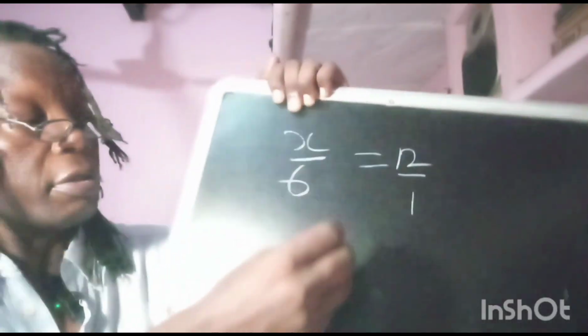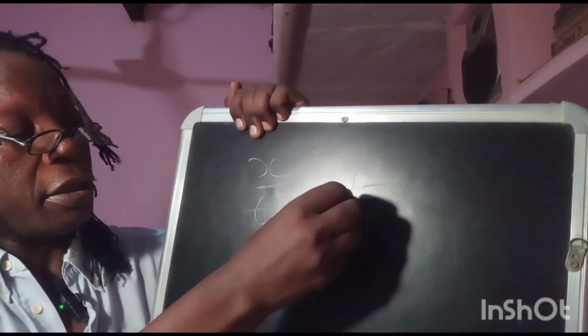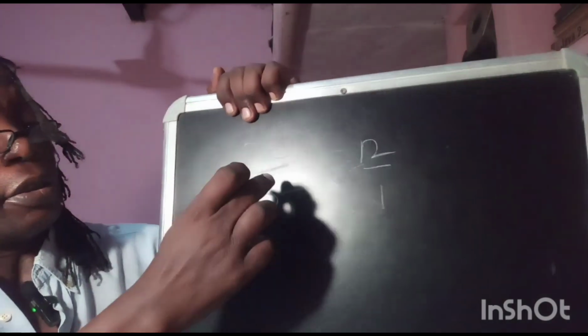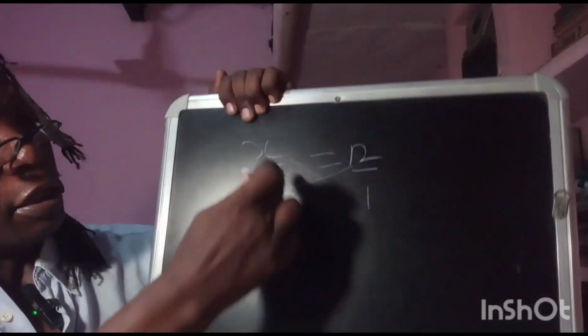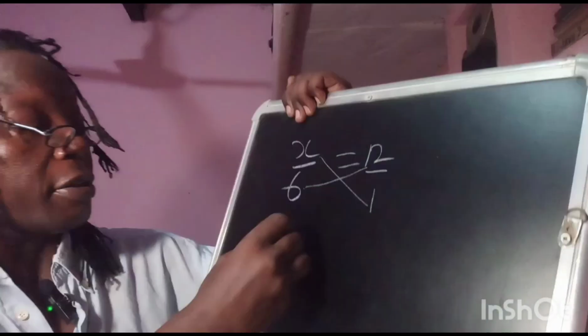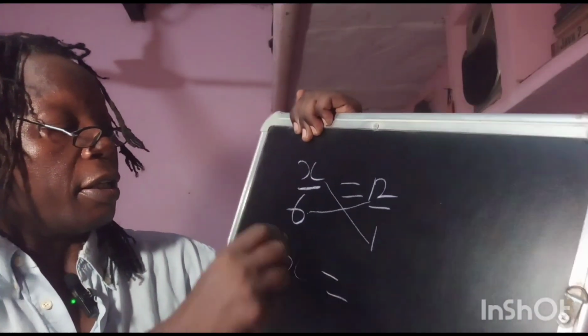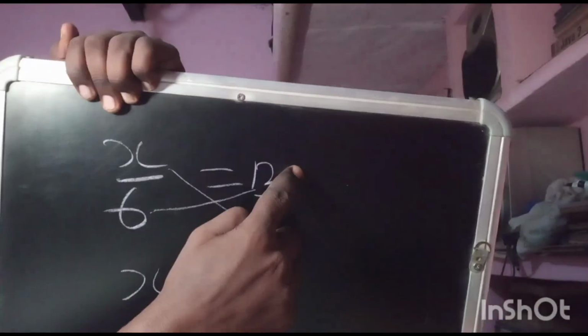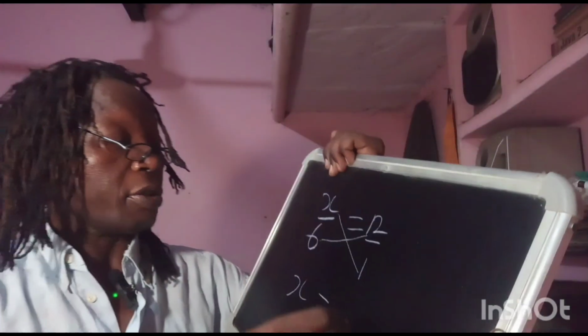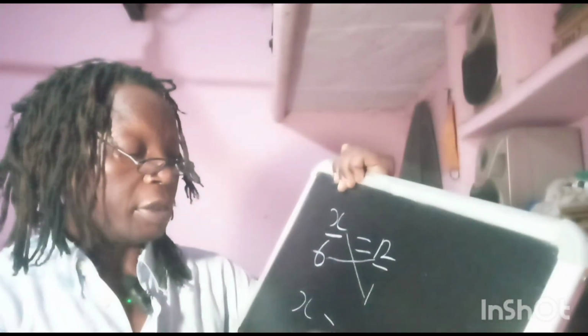Cross multiplication means you multiply like this, then you multiply like this. So x will be x multiplied by that, and this multiplied with that will give you what? That's 12 times 6, 72.